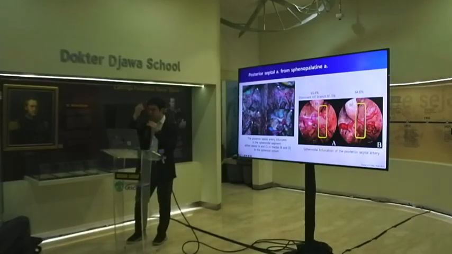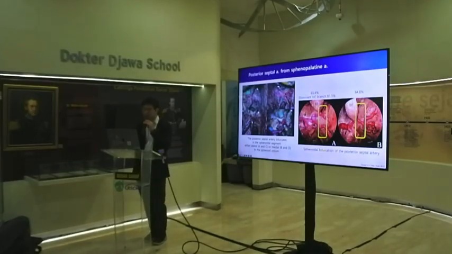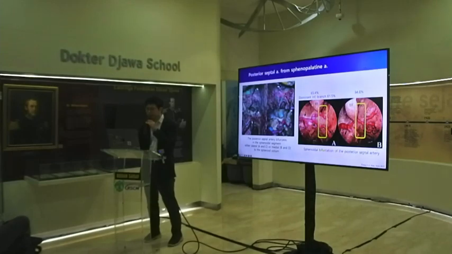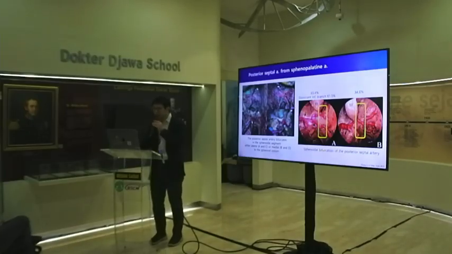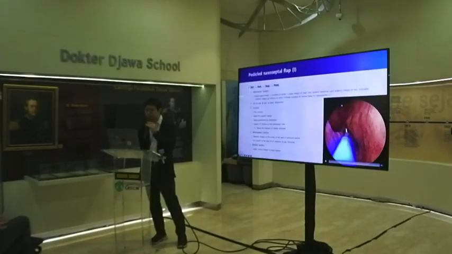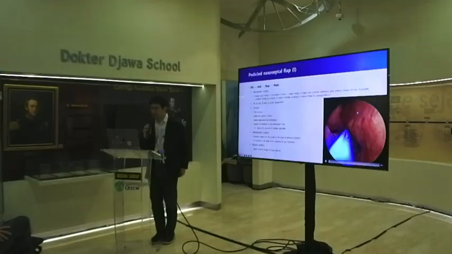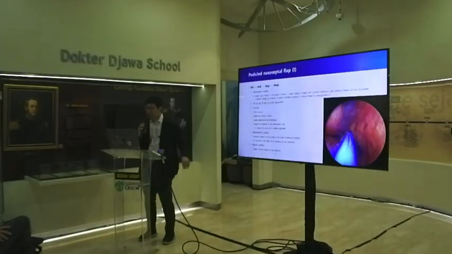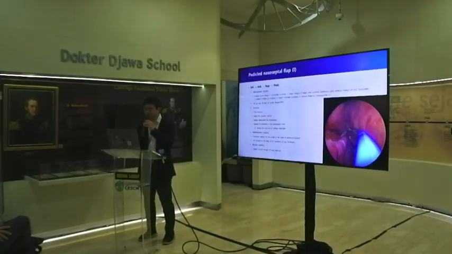This diagram illustrates how the nasal septal flap receives its blood supply from the posterior septal artery. We also see different branching patterns of the artery to the sphenoid ostium, like this. This is a critical anatomical detail for successful elevation. Here, we can see the specific incision line for the nasal septal flap.